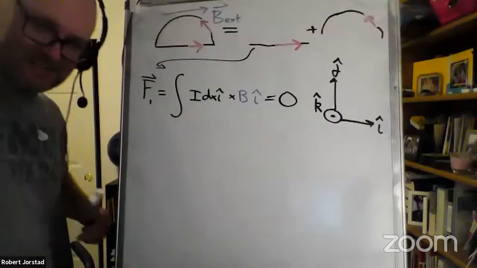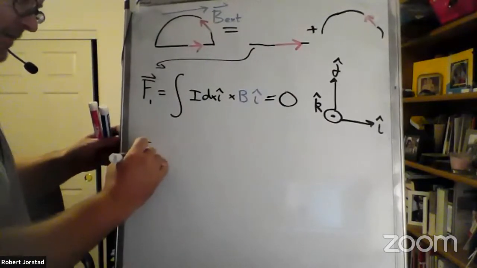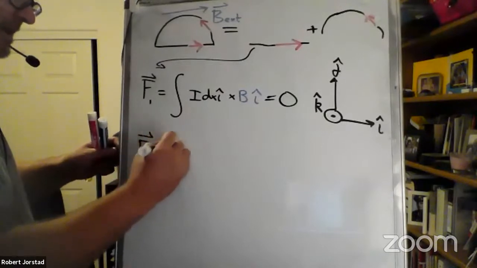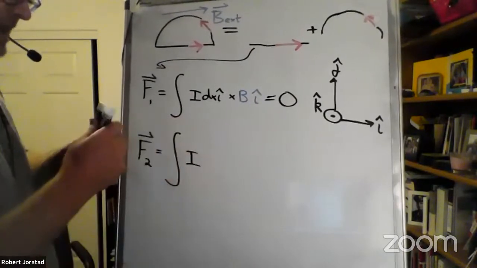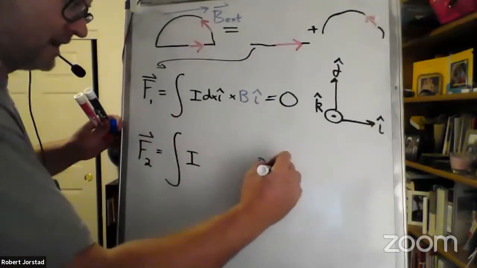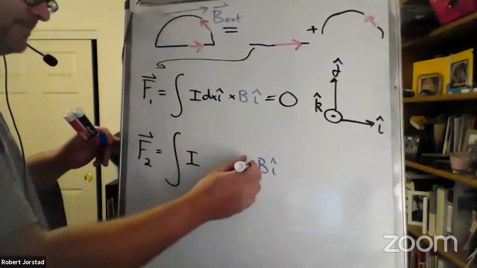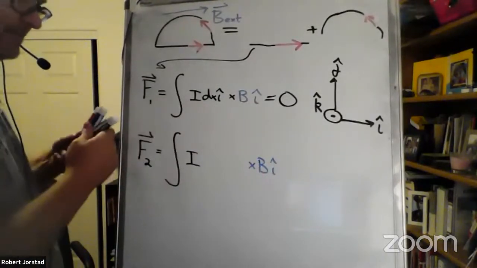All right, I did the hard one. Whew, that was rough. Why doesn't somebody else help me with the force on segment 2? I know there's going to be current. I know there's going to be B in the I hat. What is ds?